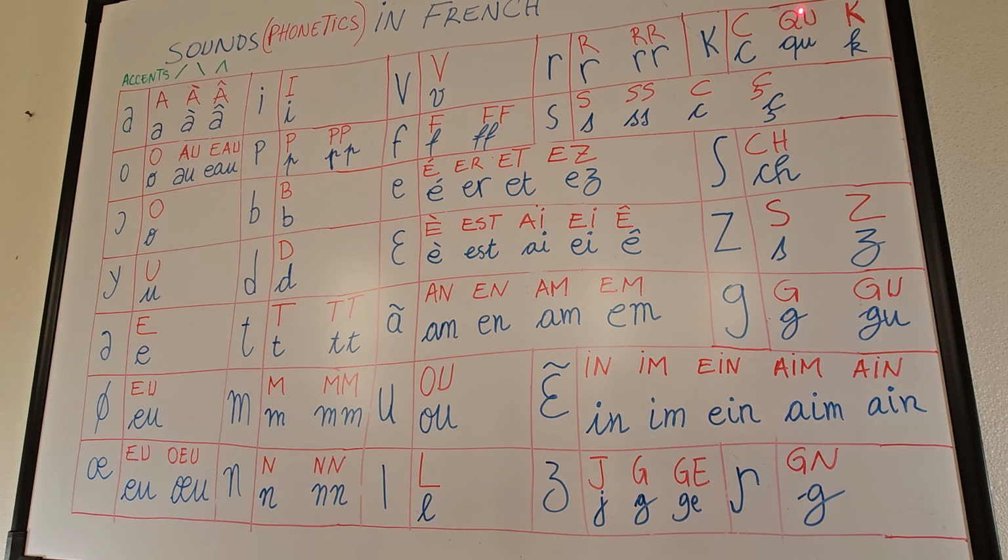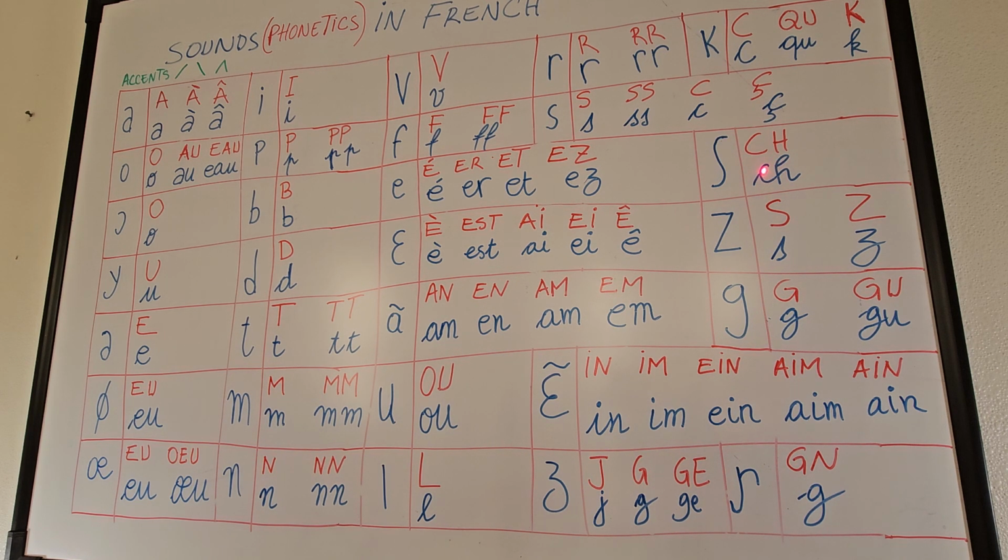But okay, we have here Q and U. That one together, it sounds k, like car. And then also C on its own sounds car. That's quite easy. But here, C and H sound sh.